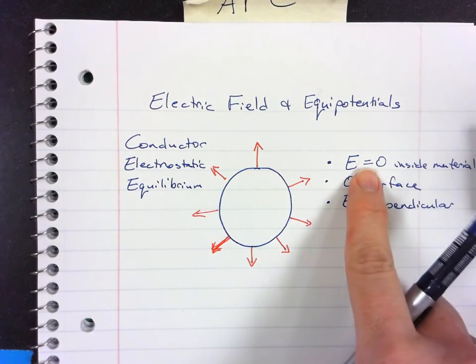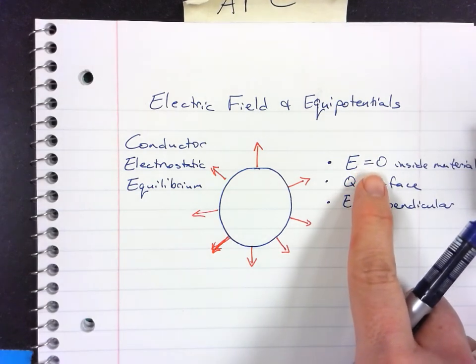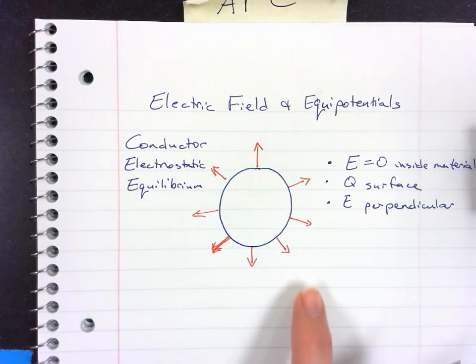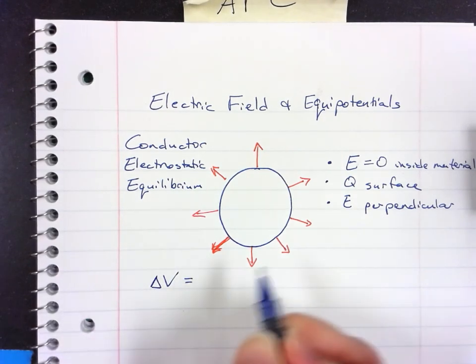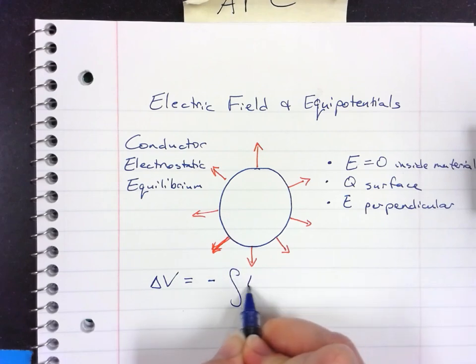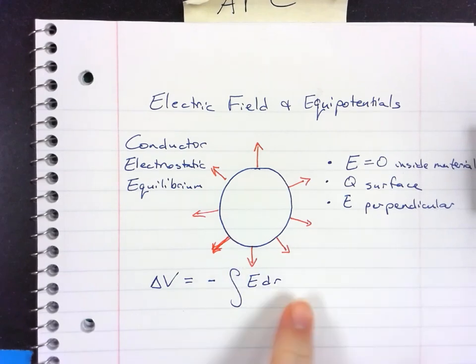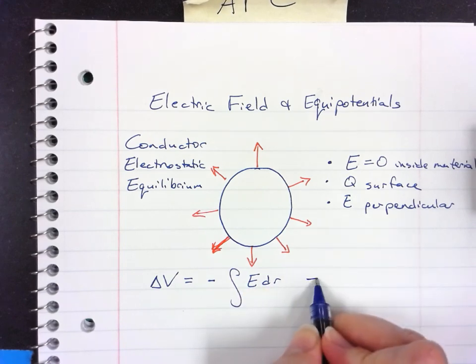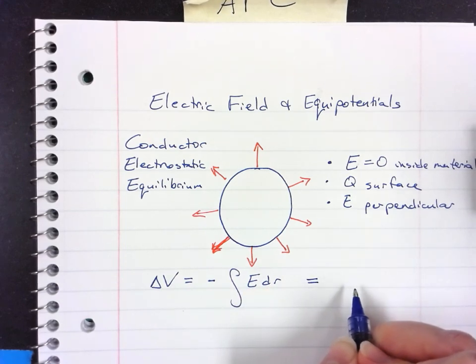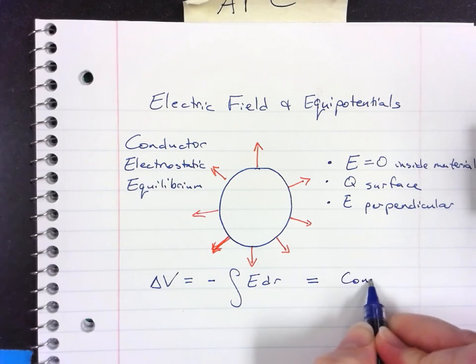Now, let's go back to this electric field as 0 inside the material. So if we go inside here, we can apply our new equation that potential difference is equal to the negative integral of the electric field. Well, if this is 0, how do we integrate 0? Integrating 0 means that this is just plus C. It's a constant.